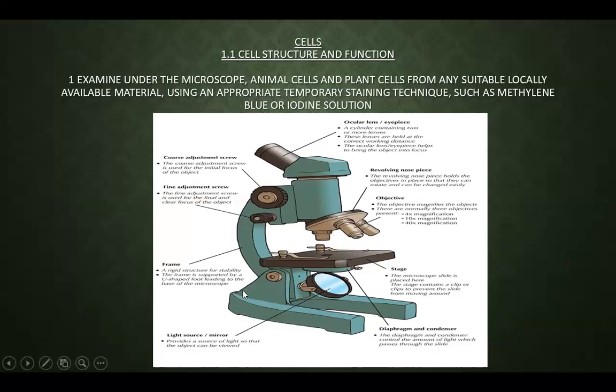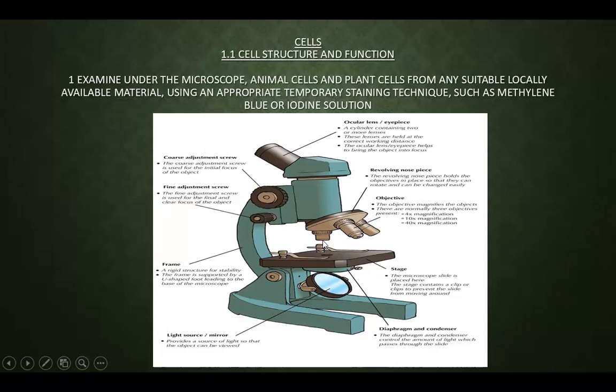So what we have discussed till now: we have talked about the base, the arm or the frame, the eyepiece, and the objectives. Above the objectives, there is this ring-like structure. This is known as the nose piece. The nose piece has the ability to revolve, and we can adjust different objectives by moving it.